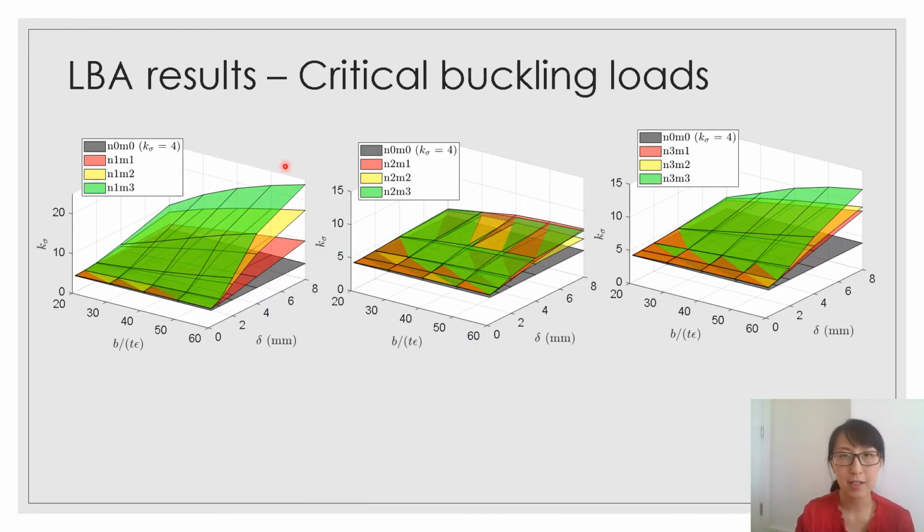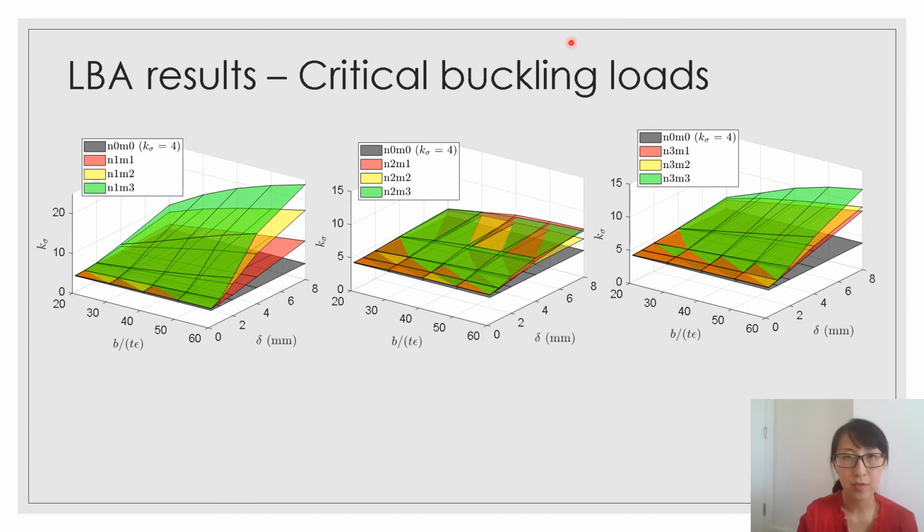And the figures here plot the critical buckling load for all the models. The critical buckling load is transformed into the plate buckling coefficient, which is 4 for straight simply supported plates, as plotted as the gray surface in each figure.